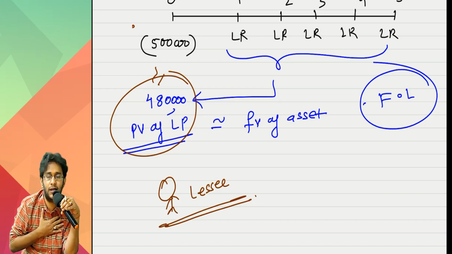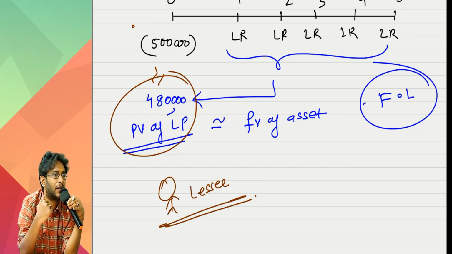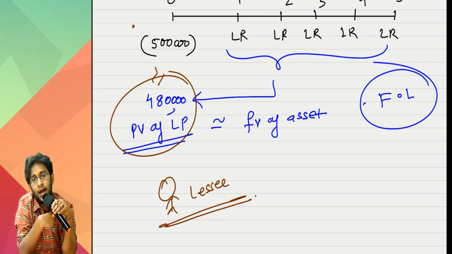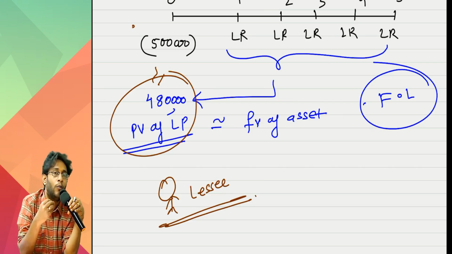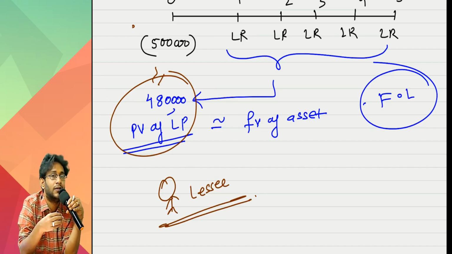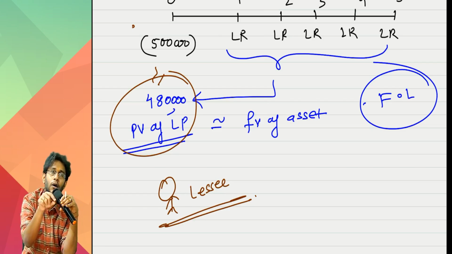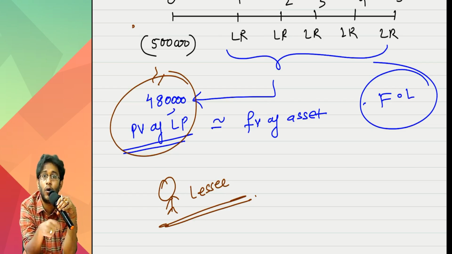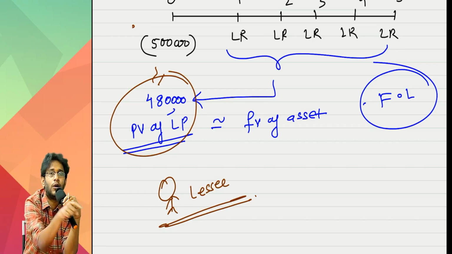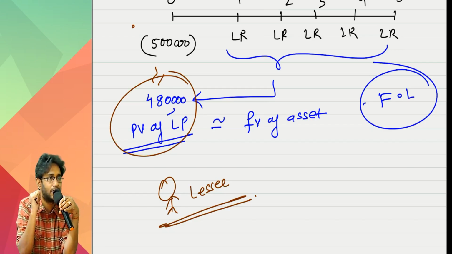If I am the lessee, paying a consideration whose present value is 4,80,000, which is almost equal to the fair value of the asset, I am not stupid to do that unless I believe that whatever benefits I could have enjoyed becoming the legal owner of the asset, the same benefits I am enjoying even in the capacity of a lessee. Since you are enjoying benefits like an owner, the lessor should not have this asset in his balance sheet. Therefore, this is a finance lease.